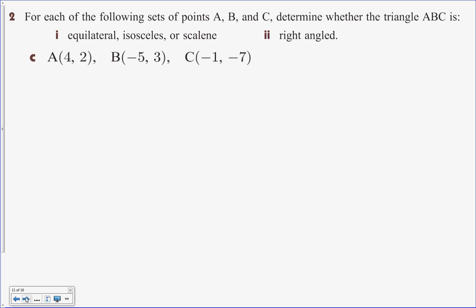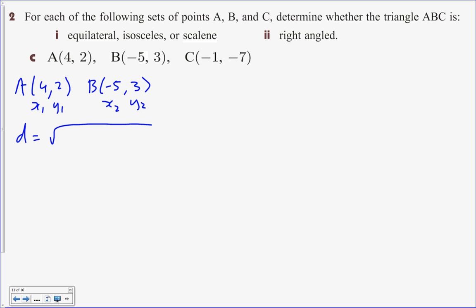Part C, going through the same process again. So part C, I'm going to start off with A, which is 4, 2, B, which is -5, 3. So x1, y1, x2, y2. So D equals square root x2 take x1 squared plus y2 take y1 all squared. We now substitute in our values.